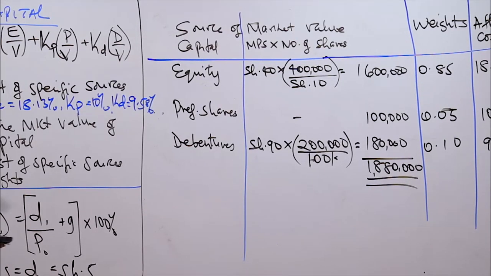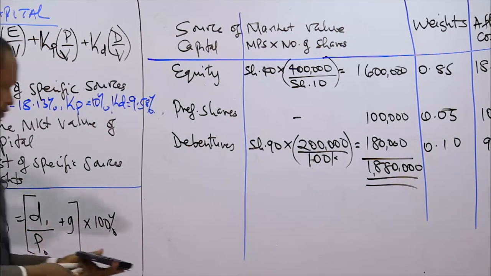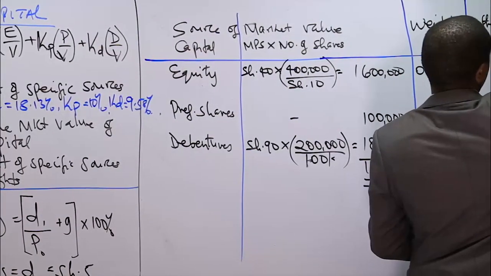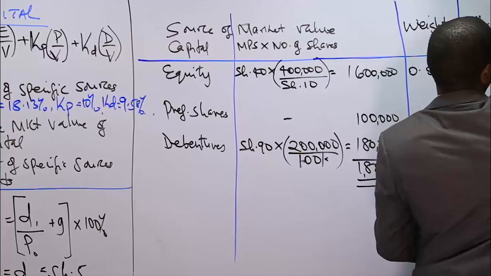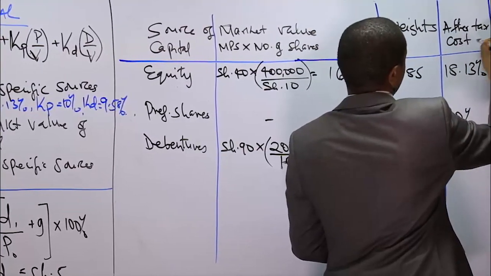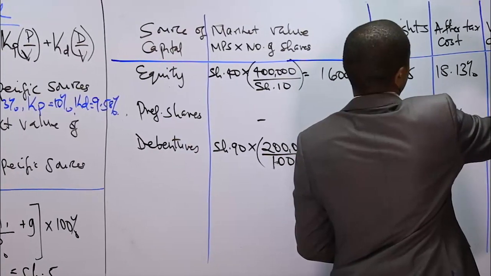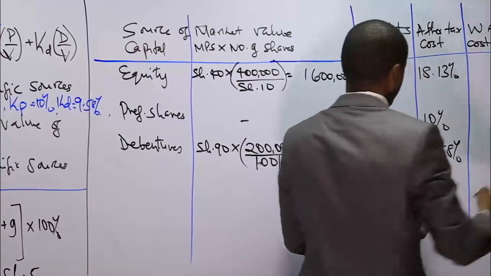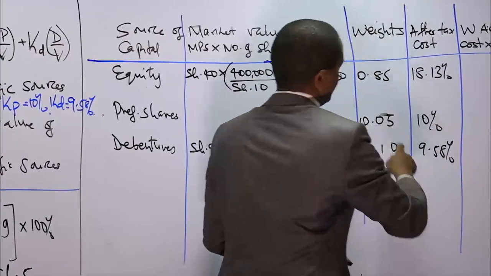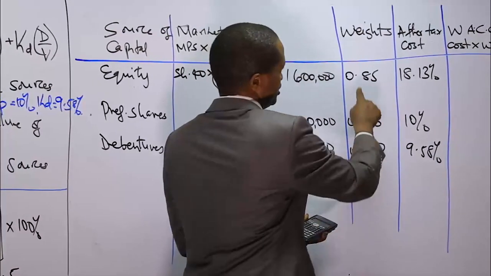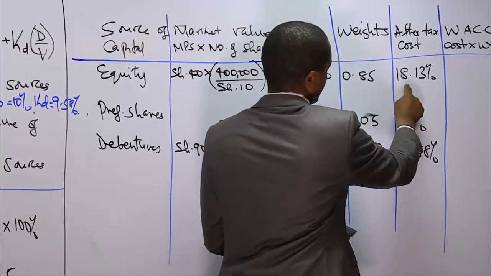So here we have the weighted average cost of capital. We multiply the cost times the weight, then we aggregate.